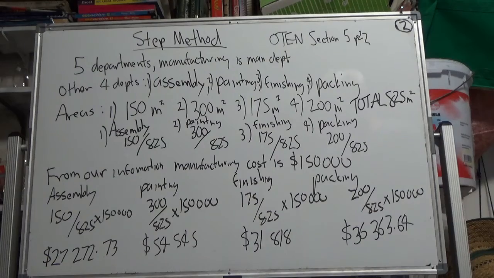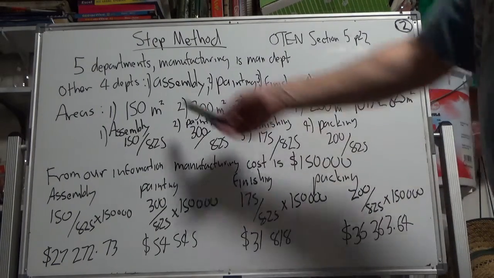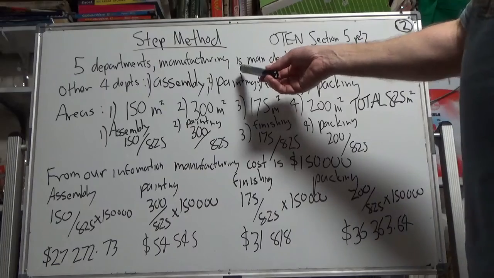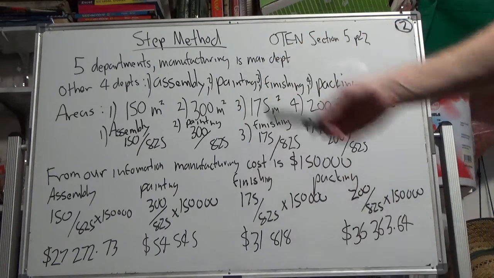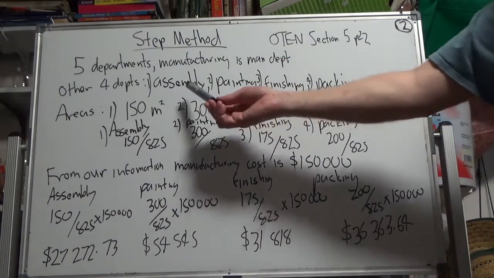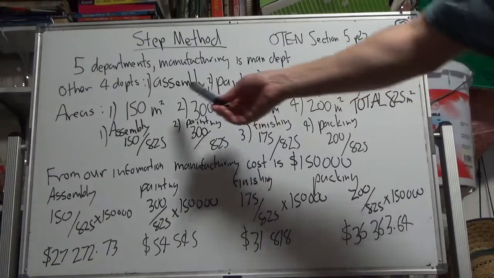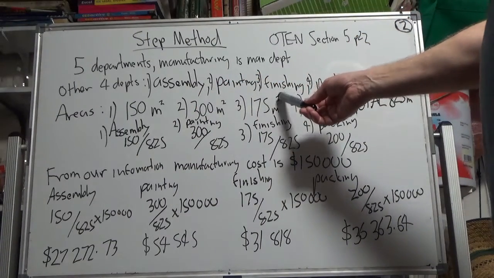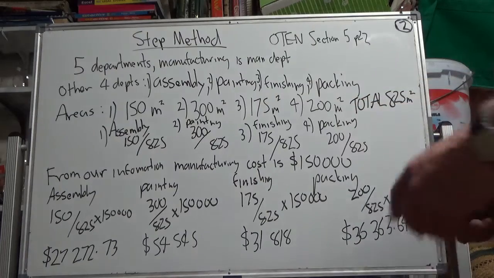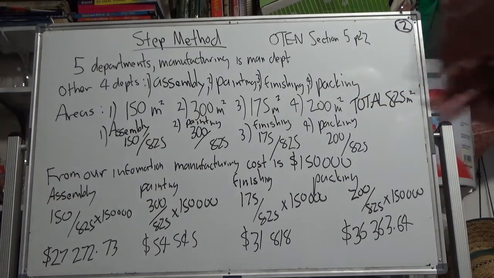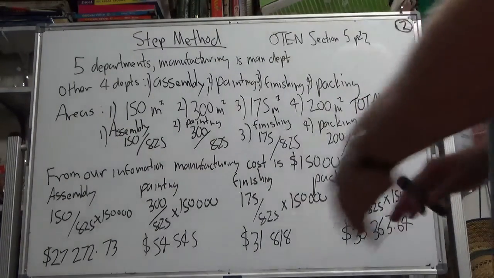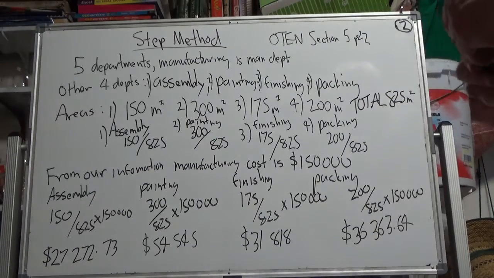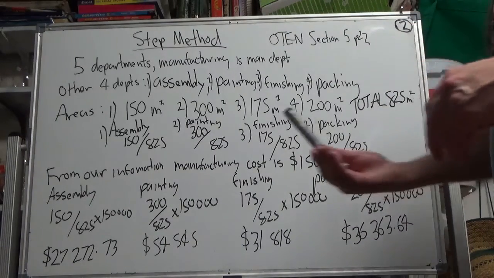So how it works is you've got 5 departments, and manufacturing is your main key department, your core business, but you've got 4 other departments as well. I just said assembly, the painting department, the finishing department, and the packing department. Now you're going to get all this other information, but you're just going to have to focus on what's important, which I did, plus this whiteboard isn't that big.